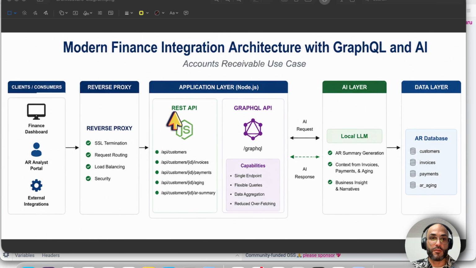For REST APIs, these are all the endpoints that we just saw for invoices, payments, aging, and AR summary. And GraphQL is the data aggregation layer for being able to do this without having to make multiple endpoint calls. And lastly, we have our AI layer based on our local large language model, which provides the AR summary generation.